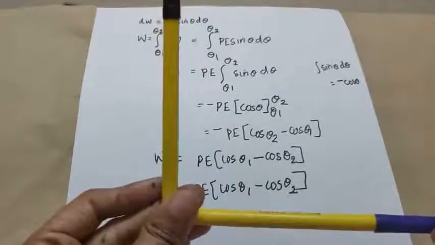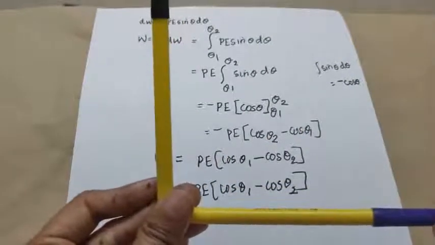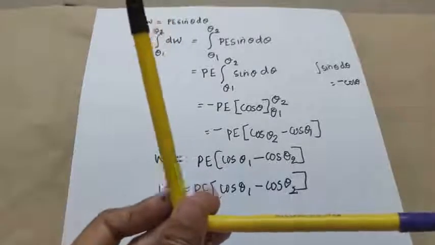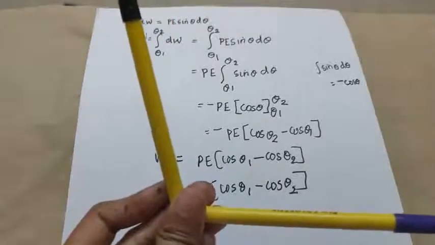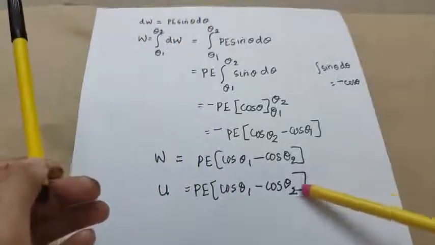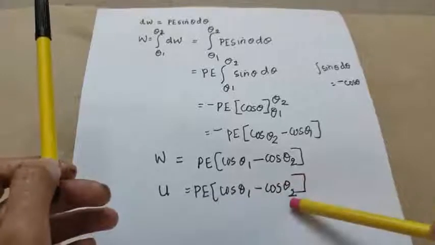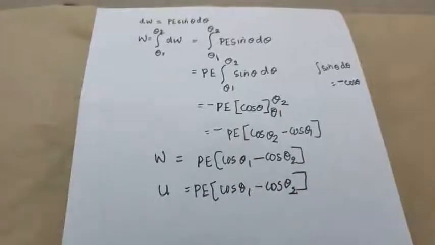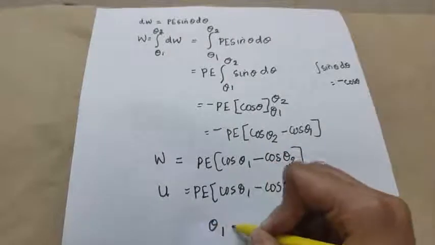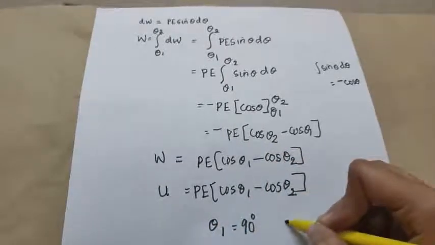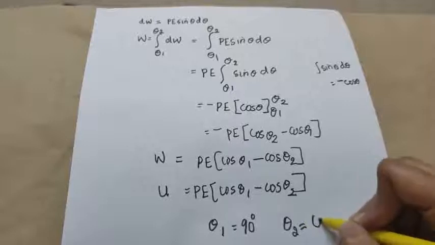If initially the dipole is oriented perpendicular to the field, and then it is rotated through an angle theta, then theta 1 can be written as 90 degrees and theta 2 is equal to theta.